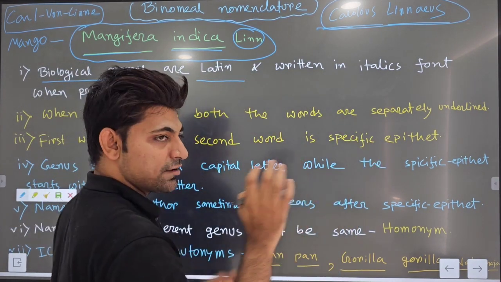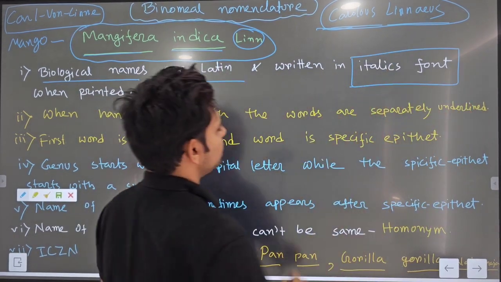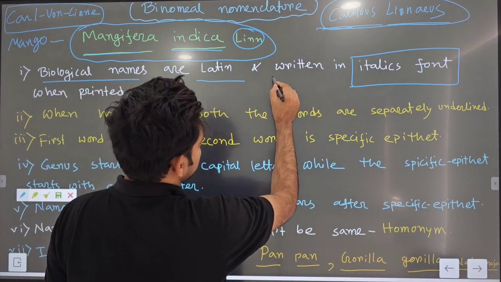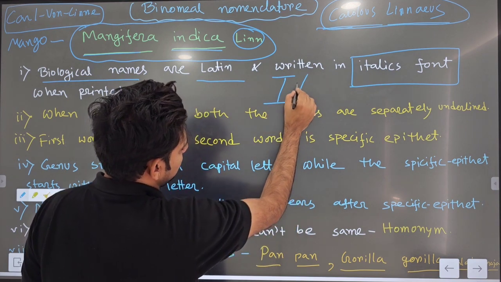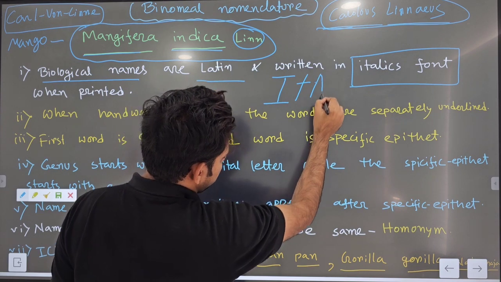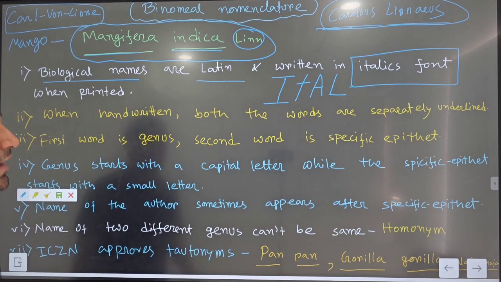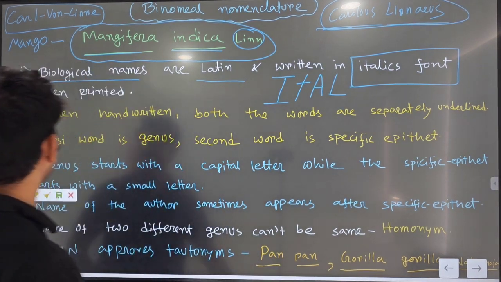And when it's written in printed format, you have to use italics font. What is the italics font? The font which is tilted towards the left, like that. But handwriting doesn't have any font.